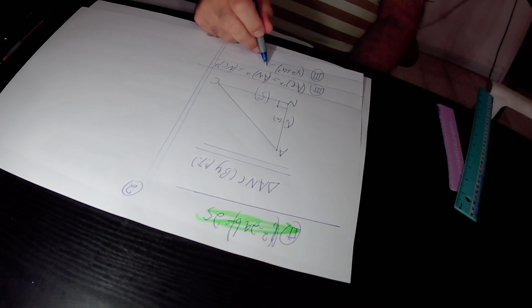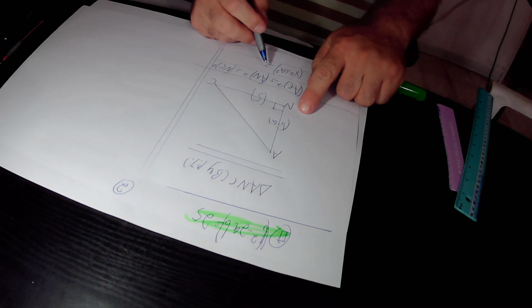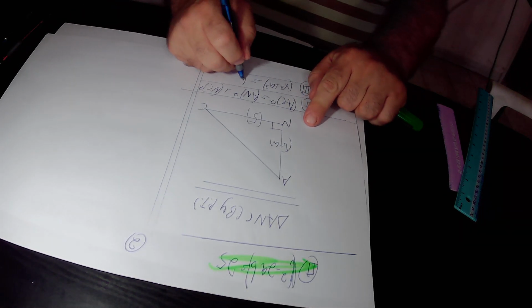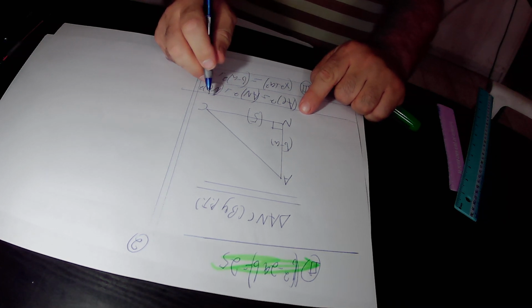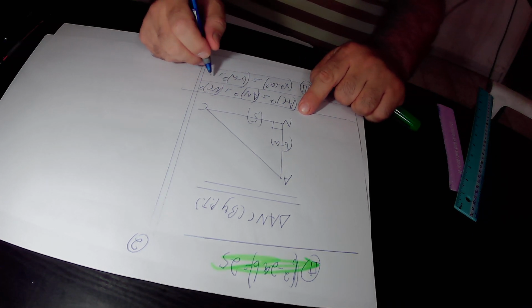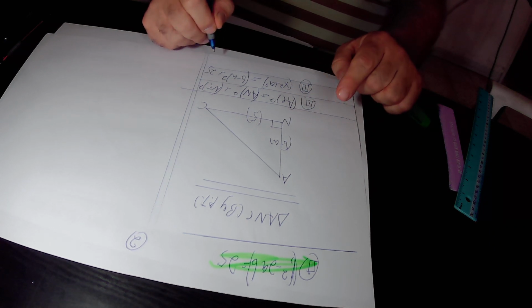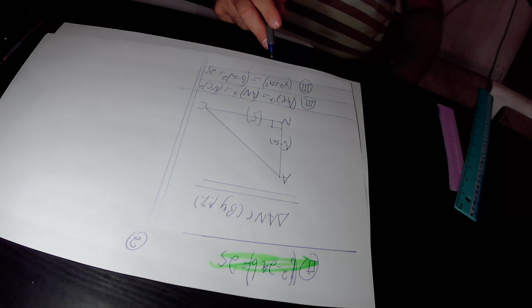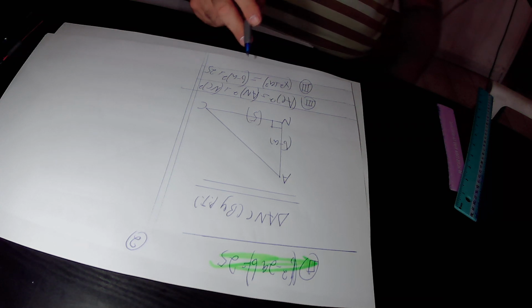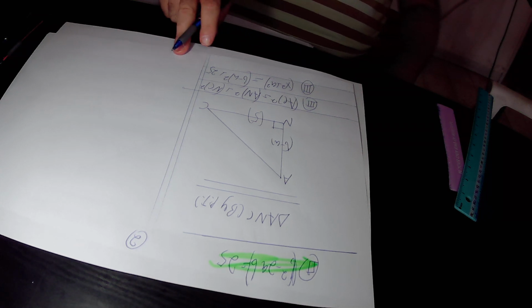And it is equal to AN squared. AN is B minus A, therefore AN squared is B minus A squared, plus NC squared. NC is 5, therefore NC squared is 5 squared, that is 25. So in total, according to equation 3, X squared plus A squared equals B minus A squared plus 25.